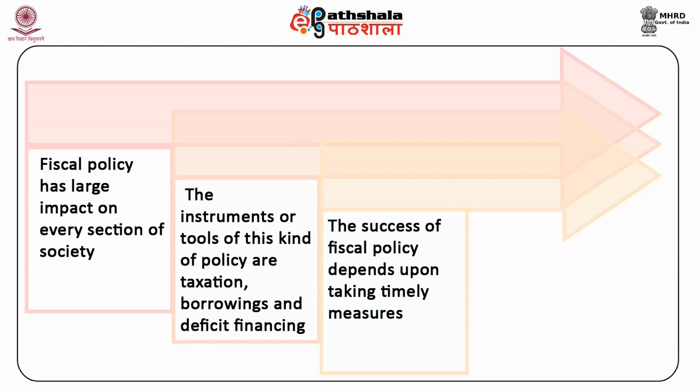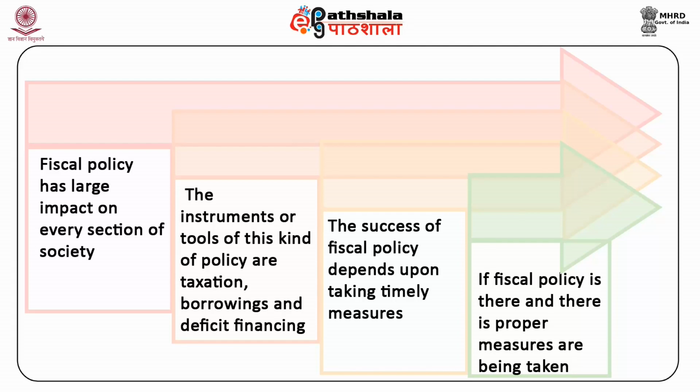The success of fiscal policy depends upon taking timely measures and their effective administration during implementation. If proper measures are being taken under it, it is important to heed it, as this policy is required for our development.